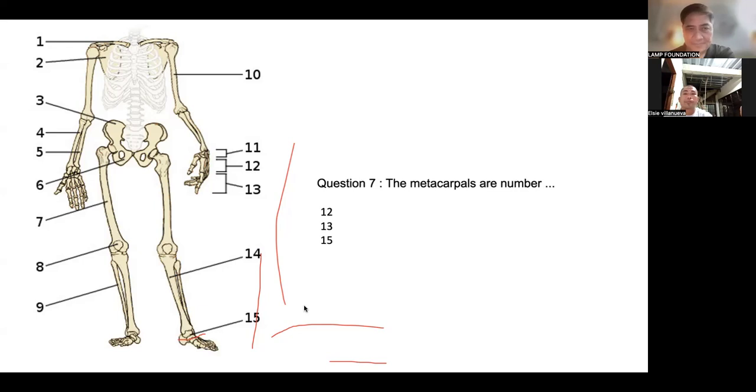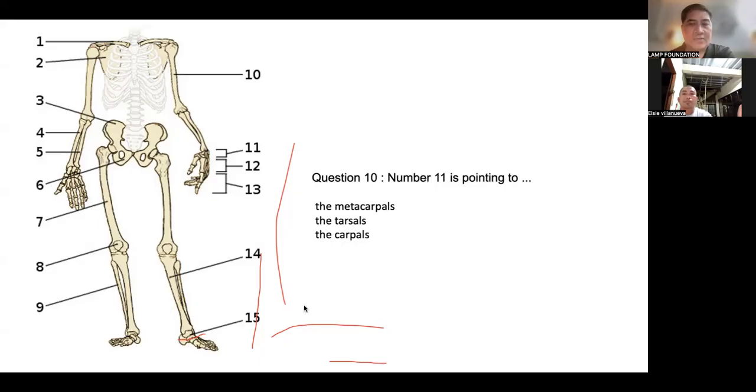Metacarpals. Number 12. 5, the ulna. Ischium. Number 6. 11, the carpals. Femur. Number 7. 14.